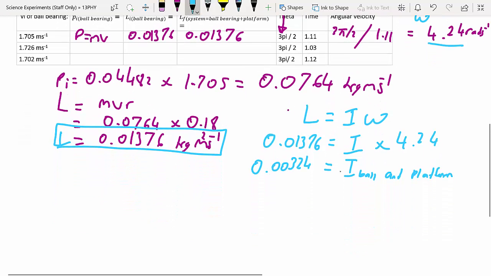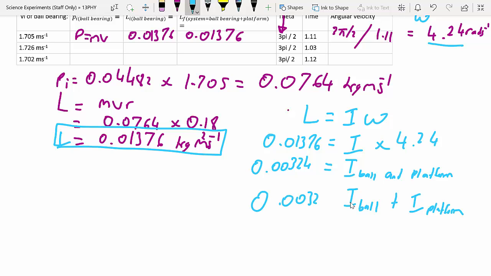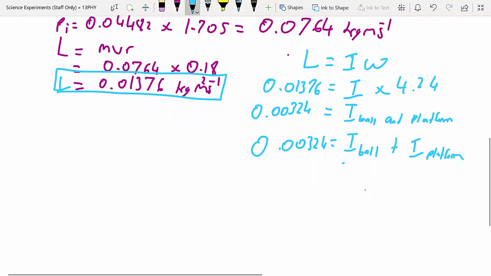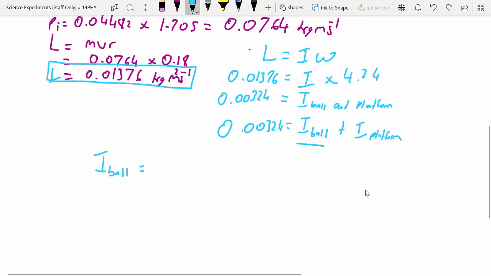Okay, so how do I find I all by itself? Well, really this is I ball plus I platform, which is going to be 0.00324. And so how do I work out the I of the ball? Well, the I of the ball is going to be m r squared.